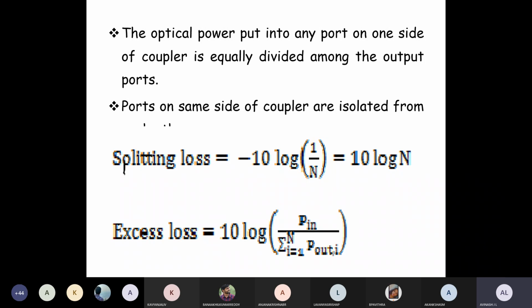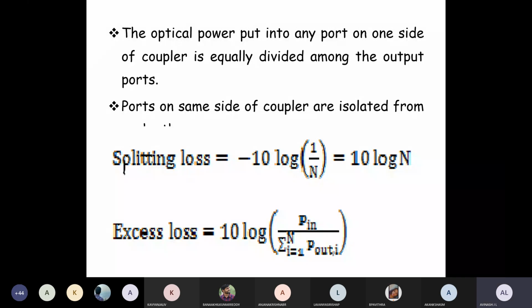Now here also we are going to study some losses, that is splitting loss. The splitting loss is given by the equation minus 10 log of 1 divided by n, or 10 log n, where n is the number of ports on either side.